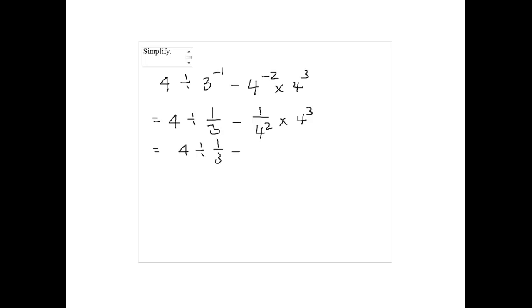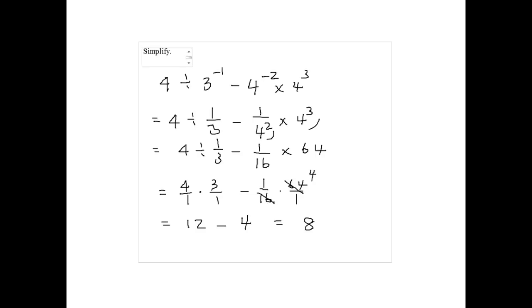So 4 divided by 1/3 minus 1 over 4 squared, which is 16, times 4 cubed, which is 64. 4 over 1 times 3 over 1 minus 1 over 16 times 64 over 1. 4 times 3 is 12. Since 16 goes in 64 4 times, we have 4. So 12 minus 4 equals 8.